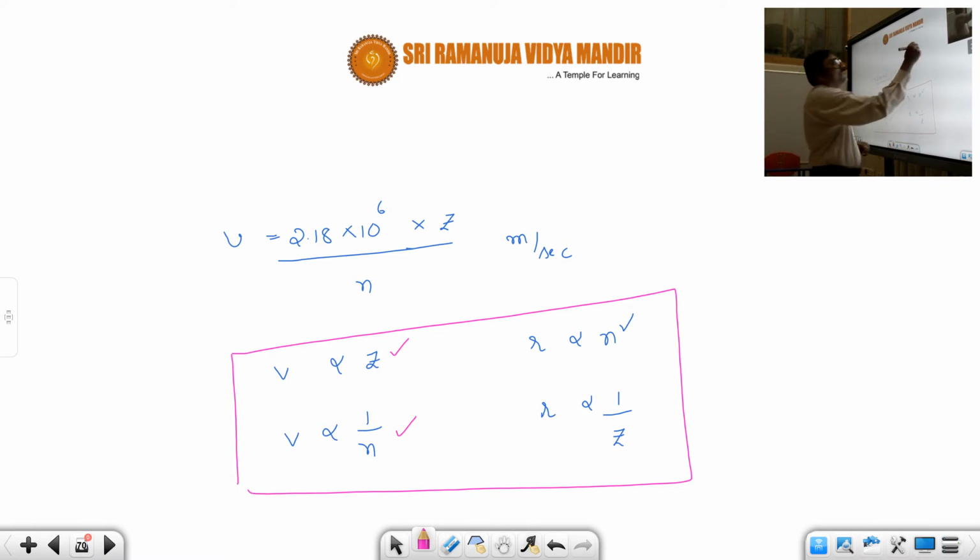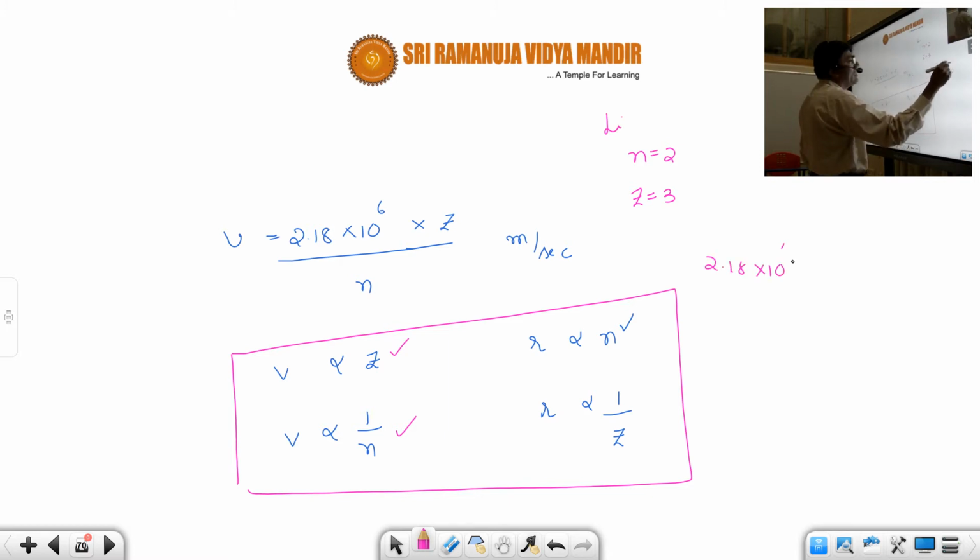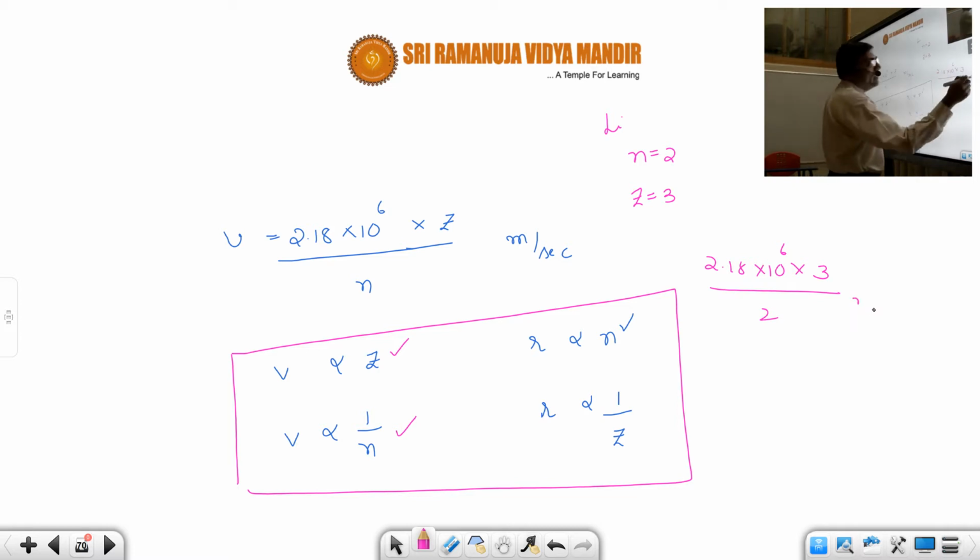Second orbit means n is equal to 2 is given. Lithium means z is equal to 3 is given. So naturally you can find out: 2.18 into 10 power 6 into z is 3 by 2. This is how you can calculate, and you will be getting it in meters per second.